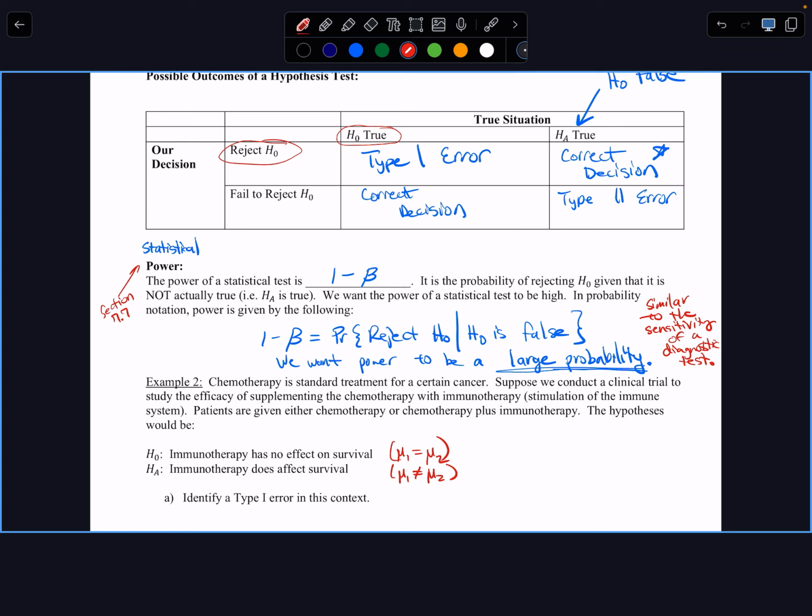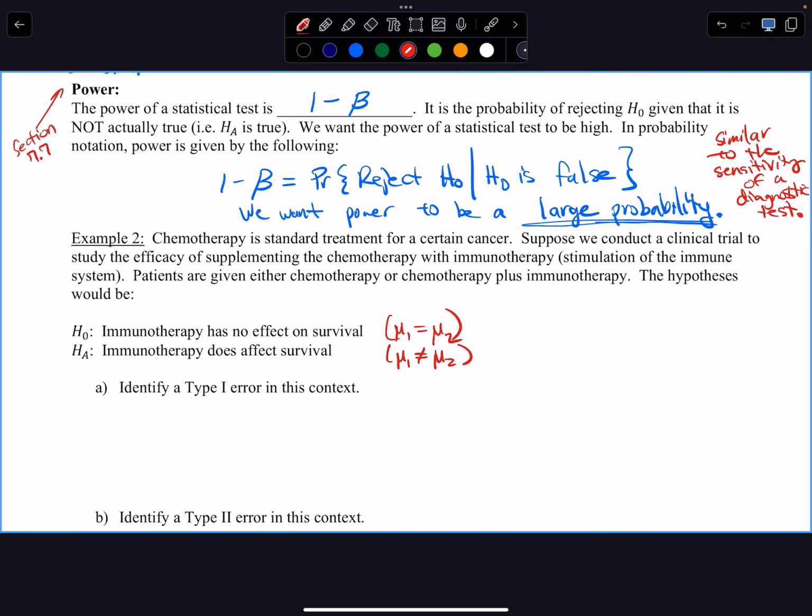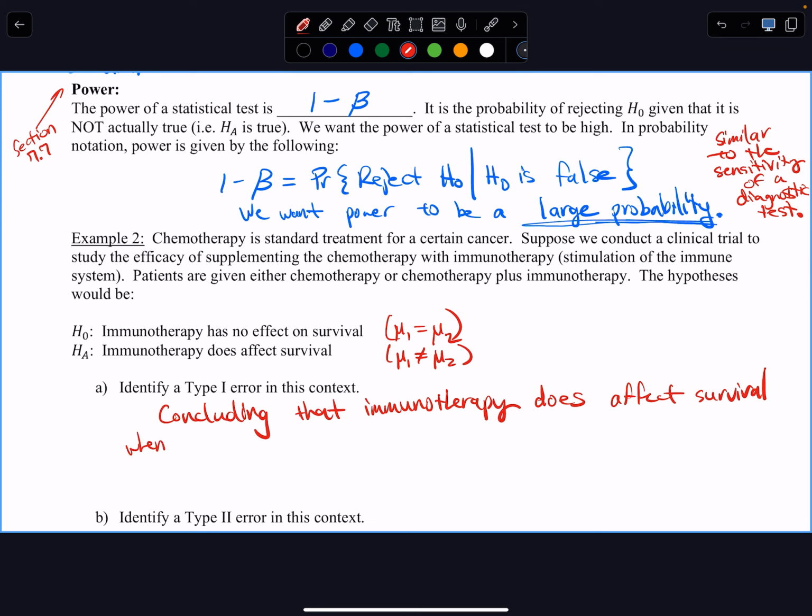So identifying the type 1 error is equivalent to concluding that immunotherapy does affect survival when it actually does not.